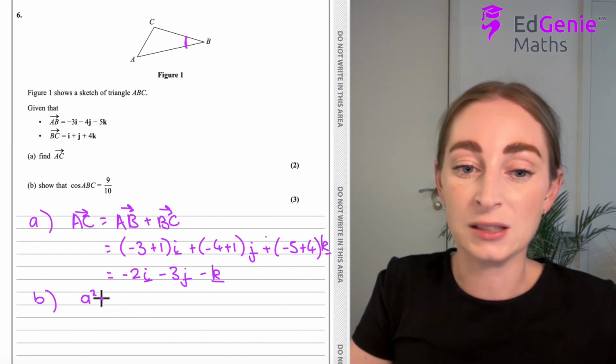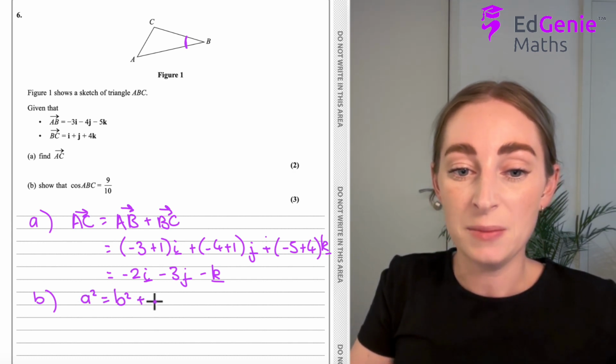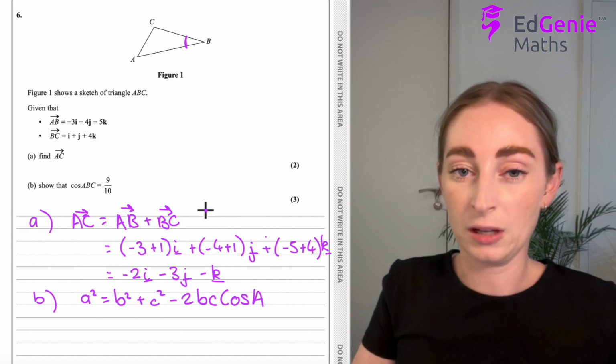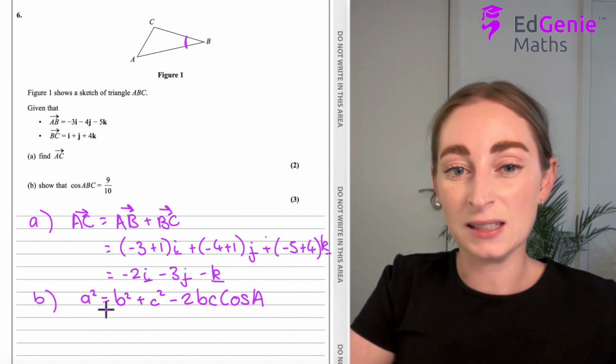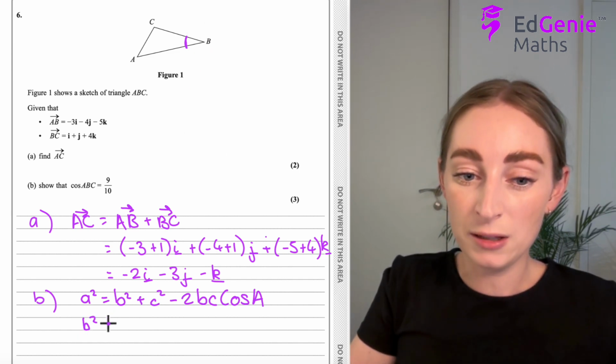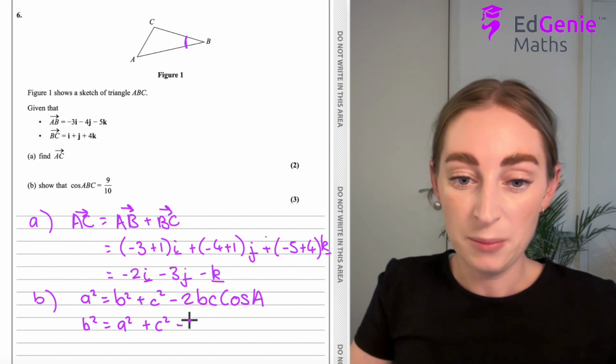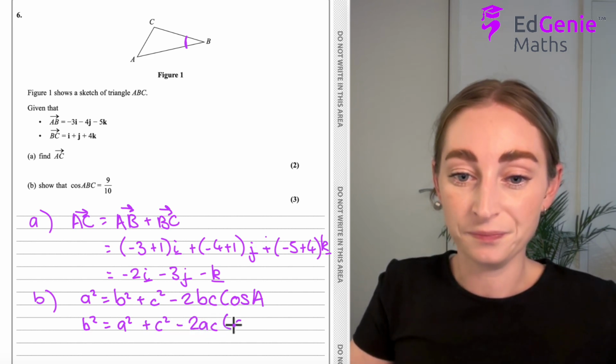We're going to have A squared equals B squared plus C squared minus 2BC cos A. Or in this case, because the angle's B, you might want to rewrite it like this if this makes more sense to you. But either way is fine.